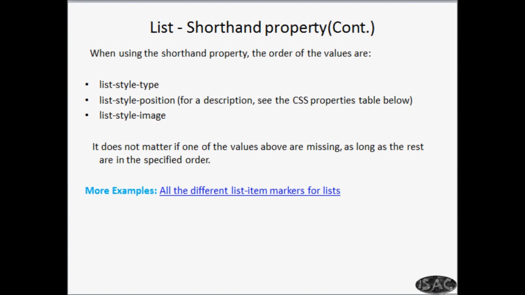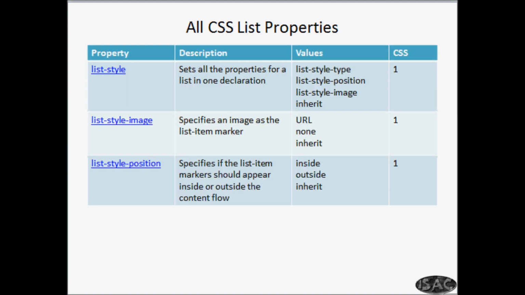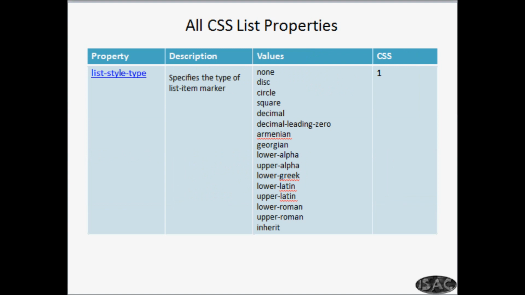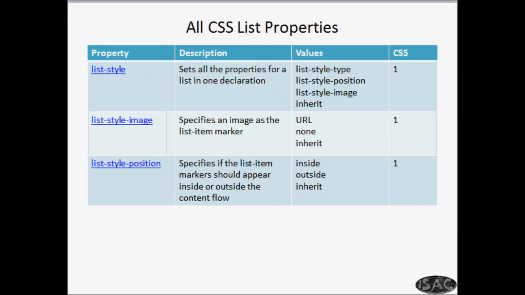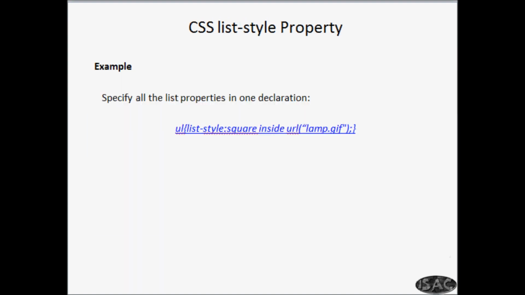So we understood this one, right? And these are the values which we can pass to list-style-position. Now there's a concept of inside and outside, right? If you see here, we have position inside and outside. What is that? Look now.